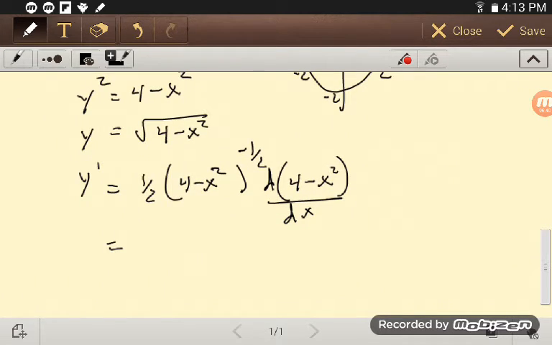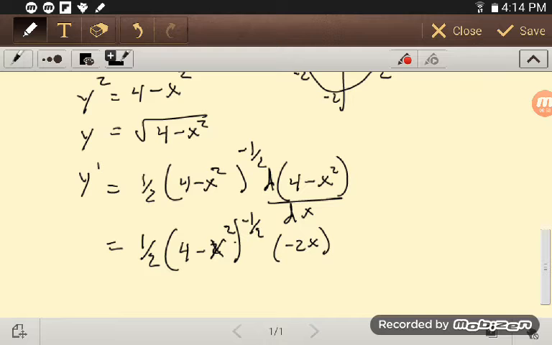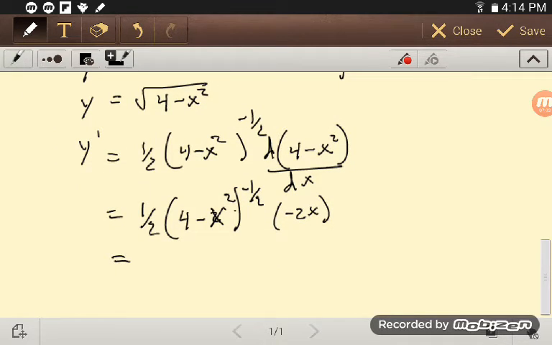And so that's equal to 1/2 times 4 minus x squared to the negative 1/2 times negative 2x. So if I put that all together, I get y prime is negative x over the square root of 4 minus x squared. So there's y prime.